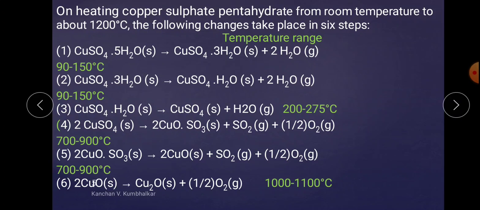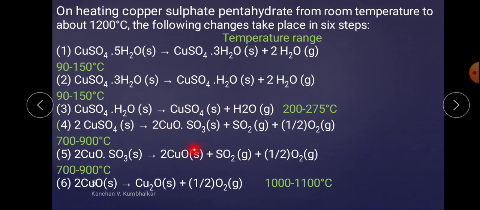Now we are moving toward the third step. The third step occurs between 200 and 275 degrees Celsius. The monohydrated copper sulfate is converted into CuSO4 with the liberation of H2O in the gaseous state. In the fourth step, this CuSO4, the product of the third step, is converted with the liberation of SO2 and O2 and the formation of solid CuO.SO3.